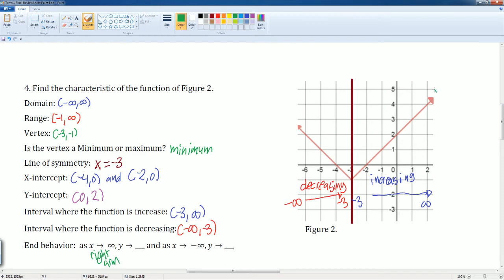The right arm went up, so y goes to positive infinity. And then this is the left arm, that's when x goes to -infinity. We saw this going up, so this is also going to positive infinity. So there you go. That is how you find the characteristics of this function.